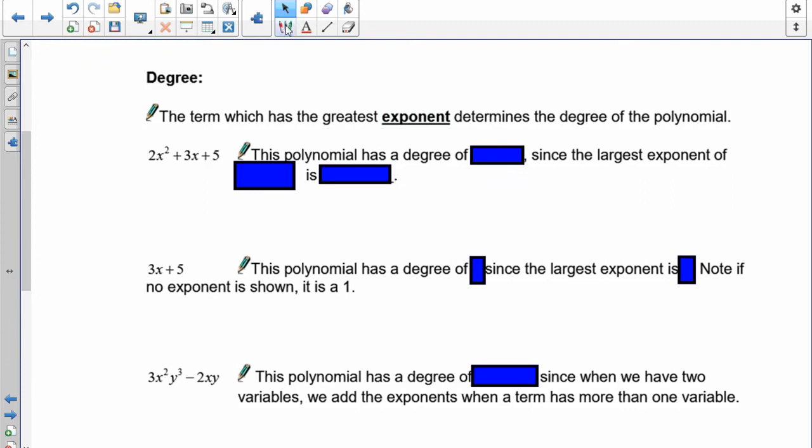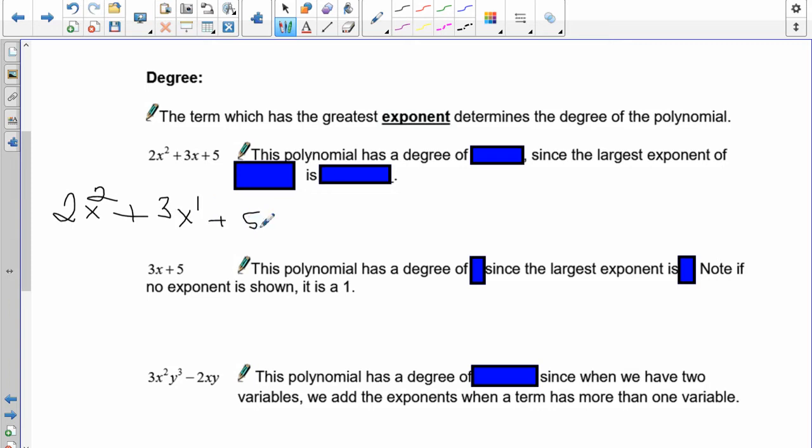Now, we can rewrite that as 2 times x to the 2, plus 3x to the 1, plus 5 times x to the 0. Now remember, x to the 0 is a 1, so 5 times 1 stays as a 5. This exponent is 1, this exponent is a 2. So exponent 2 is the largest.